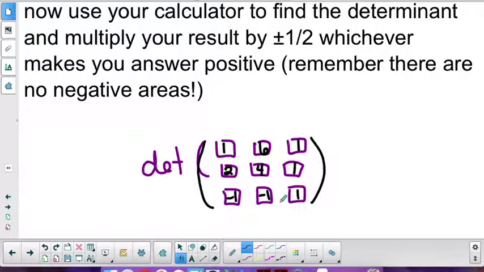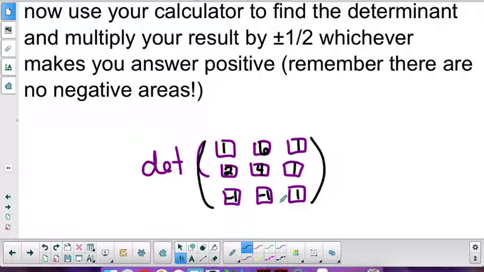Okay, so the determinant of A should have gotten -11. Remember we don't do negative area. So if you came up with -11, which unless I messed up, should be what you would come up with. Let's make sure I typed it in right. 1, 6, 1, 2, 4, 1, -1, -1. Yep, okay.